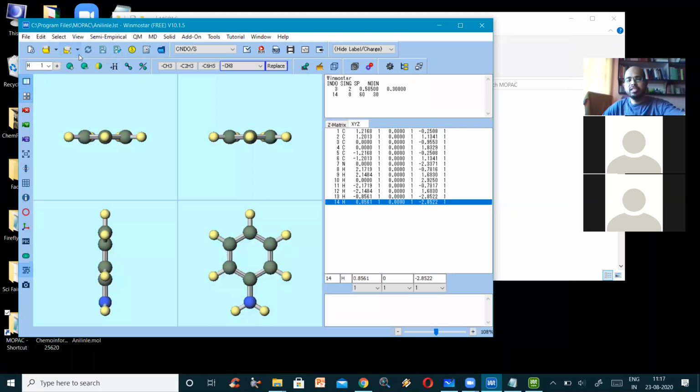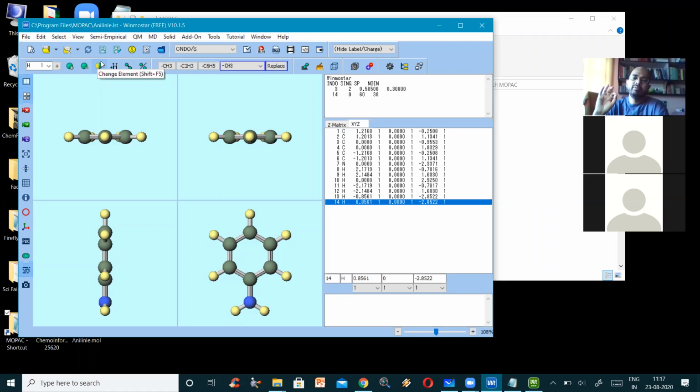We used WinMoStar, imported the mol format, and then saved it as the MOPAC semi-empirical format. After saving it in the MOPAC format, we wrote the keywords. What did we want to calculate? Vectors, bonds, symmetry, and MMOK, the molecular mechanics correction.